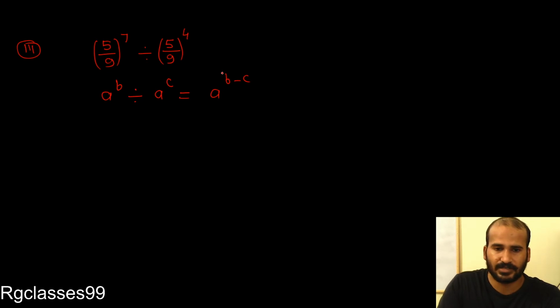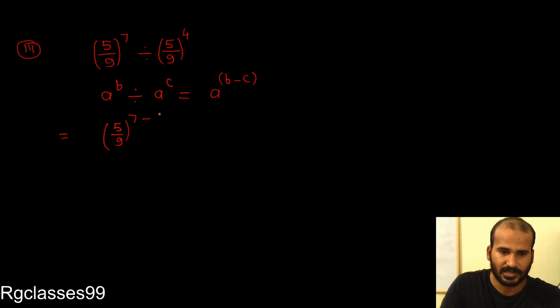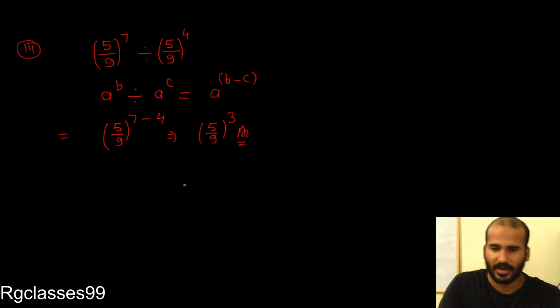We just subtract the exponents. Here this is 5/9 and this is 5/9, both in the same form. So write 5/9 and do the first exponent minus the second exponent. Your result is (5/9)^3, because 7 minus 4 is 3, and this is your answer. I hope you got it, students.